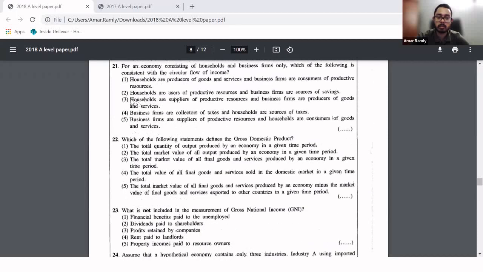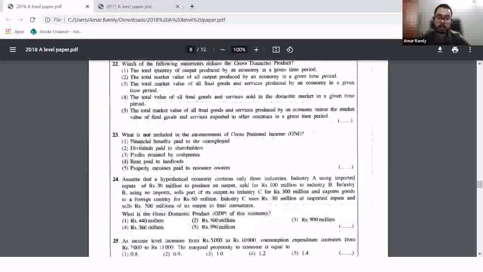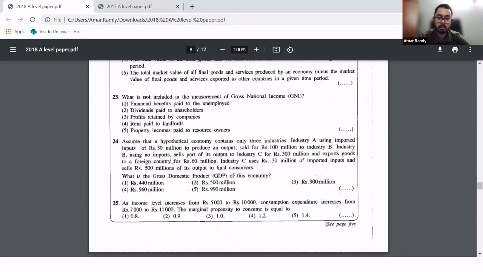So guys, for 21, in case you guys missed it, the answer would be 3. Whereas for 22, the answer would also be 3. Now we're on 24. Guys, like I said, a fantastic question.